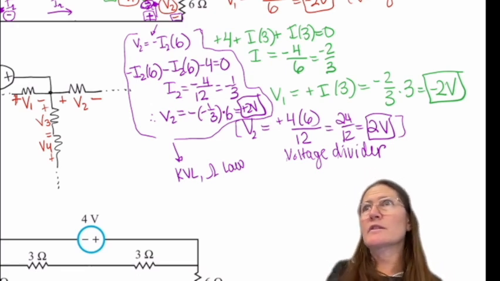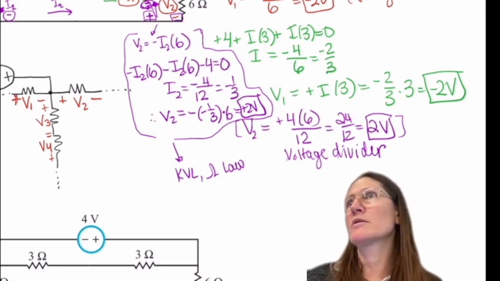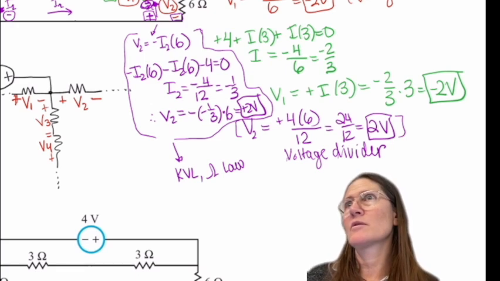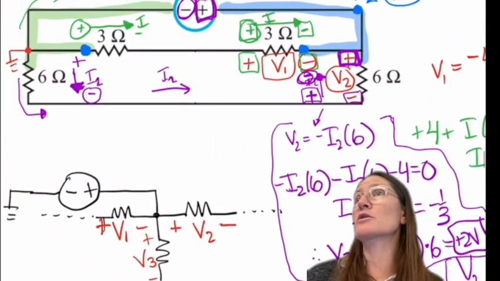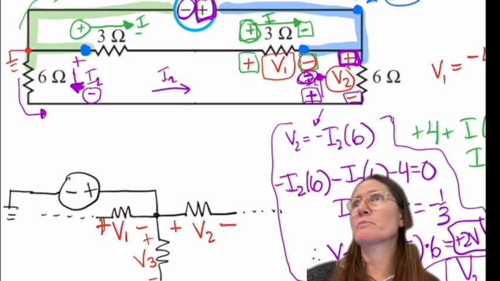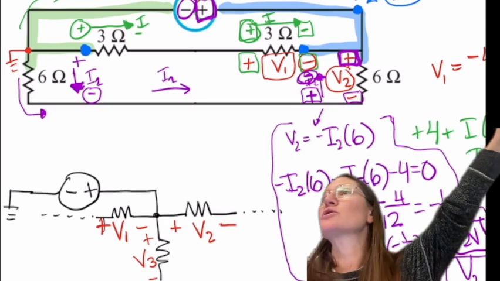All right, questions? Yes. For the KVL loop for I2, did you pick the direction of the current? I picked the direction of the current arbitrarily. You could have done either way? I could have done it either way. So I wanted to show you opposite what I had chosen before.